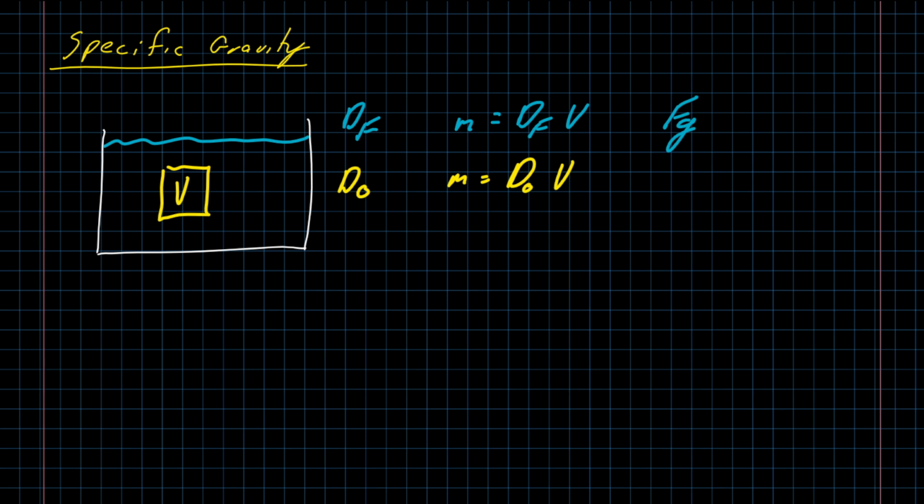So that's going to be the mass of the fluid times gravitational acceleration. So that's dF Vg. And I'm using the wrong subscript, sorry about that. This is supposed to be F sub b, the buoyancy force. This down here is Fg, the weight of the container itself, d0 Vg.